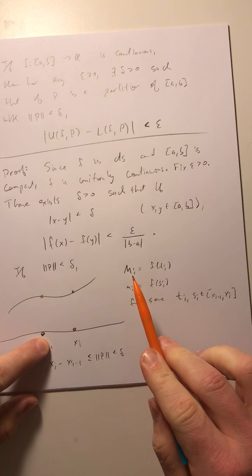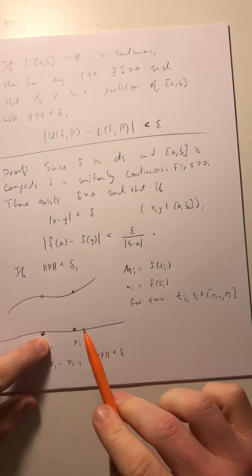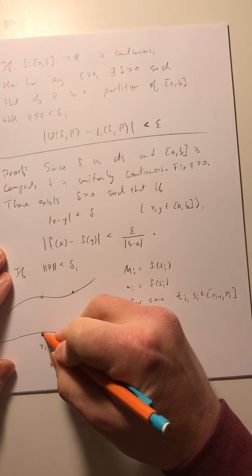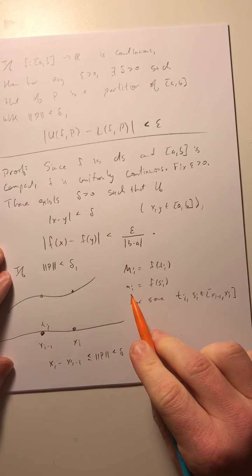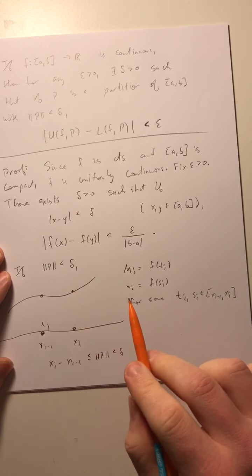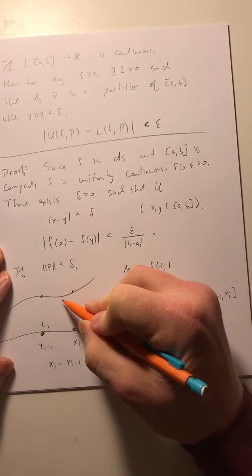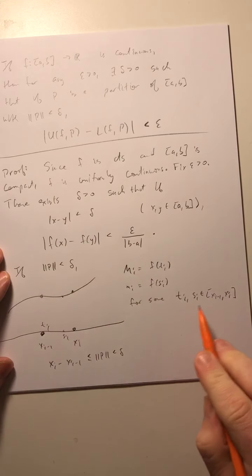So capital M i, the maximum function value on this interval, is f of t i for some t i in here. So let's just say, I don't know what it would be. So probably that would be t i. And then the minimum is lowercase m i. The lowercase m i is defined to be the infimum of the function values on this interval. But because the interval is compact and the function is continuous, the infimum is actually a minimum. And so maybe s i would be here, where the minimum function value is.